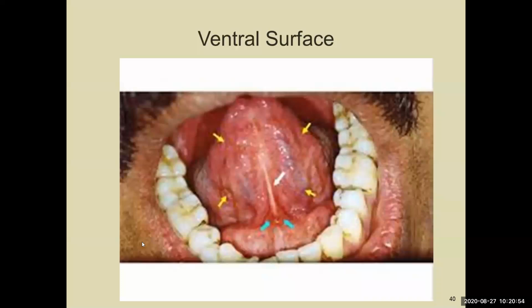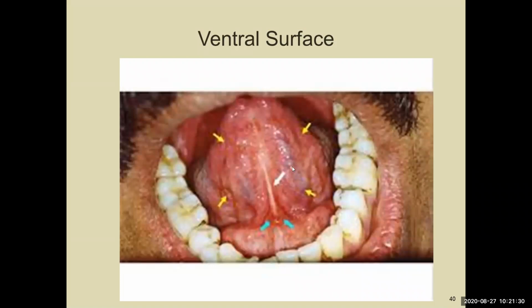After this lecture, when you're trying to absorb this information, have a mirror in front of you and look at these landmarks in your own mouth. That way you'll be able to identify them, and you'll also be able to help your partner identify them in their mouth because you know your own mouth. So we've got our lingual frenum, our sublingual caruncle, our sublingual fold.